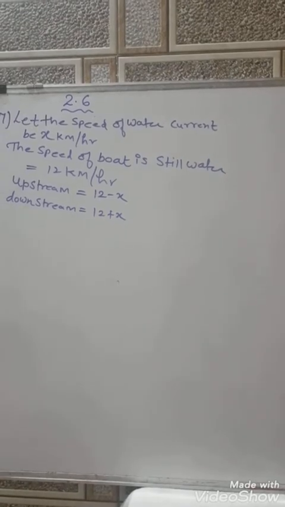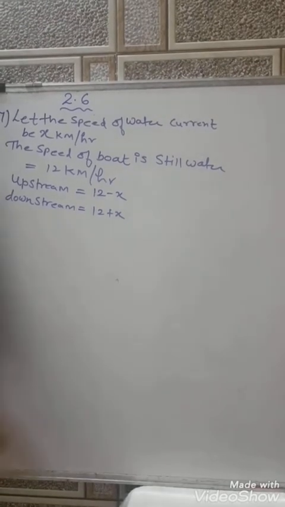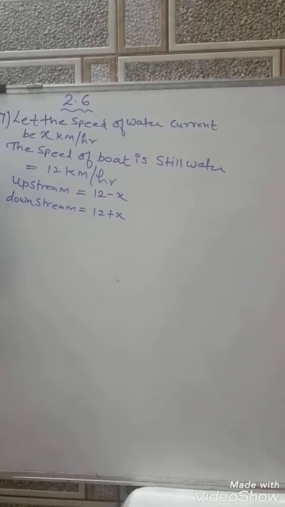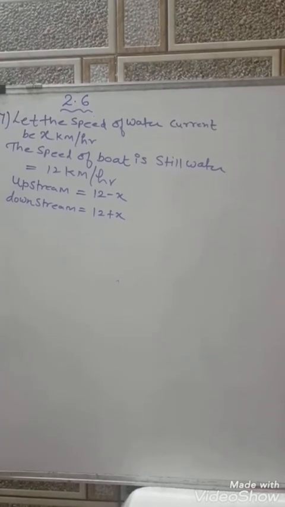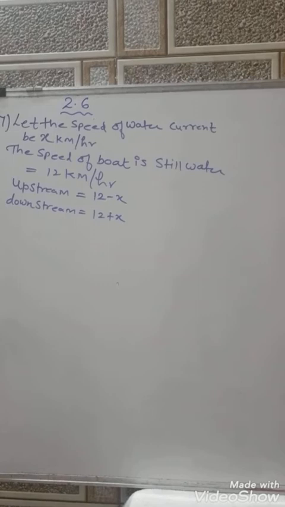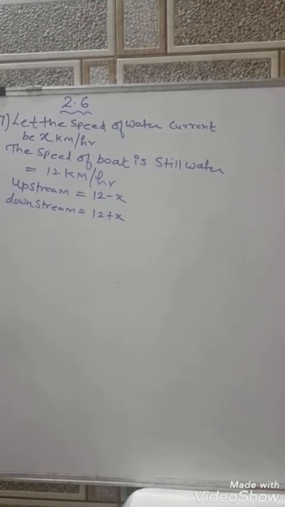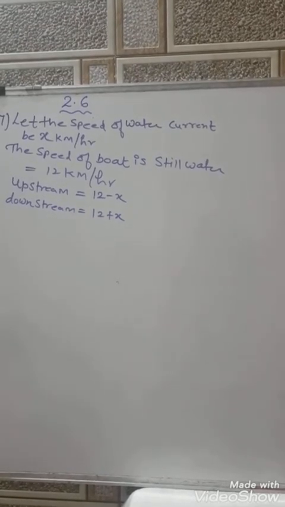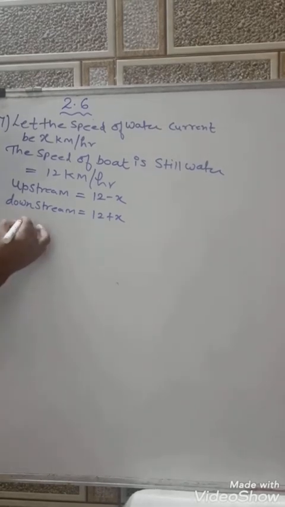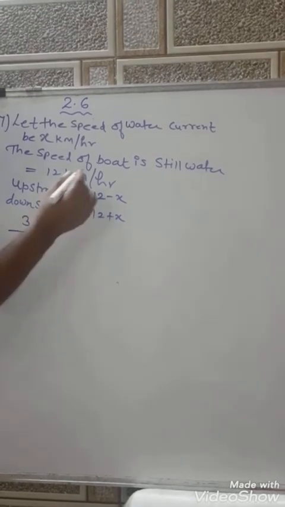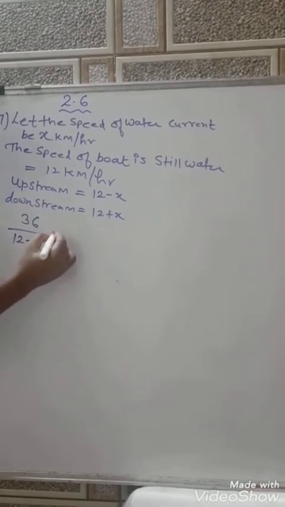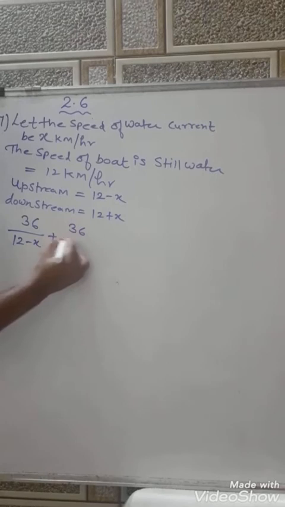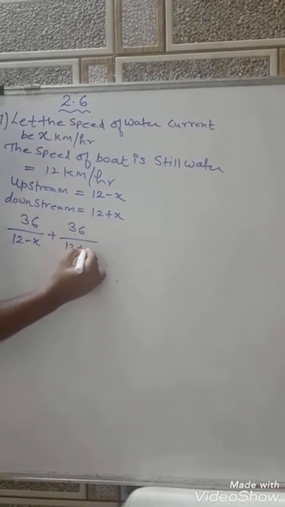So as we know, upstream it is 12 minus x and downstream it is 12 plus x. Now we have to use the formula: speed equals distance upon time. The total distance given is 36 kilometers and the time given is 8 hours. So according to the formula we write: distance 36 in upstream at 12 minus x, plus distance 36 in downstream at 12 plus x.